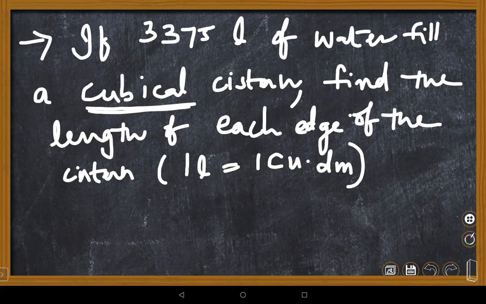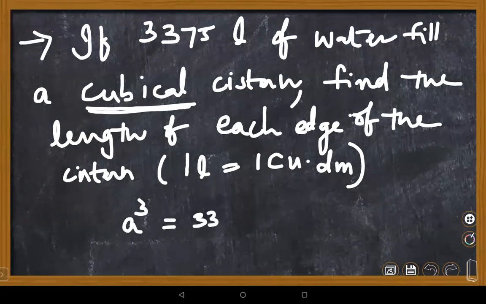Volume of a cube is length into breadth into height. Cube means all sides are equal, right, ma'am? All sides are equal, right? Yes, ma'am. Can we make a cube equal to 3375? Yes or no, children?